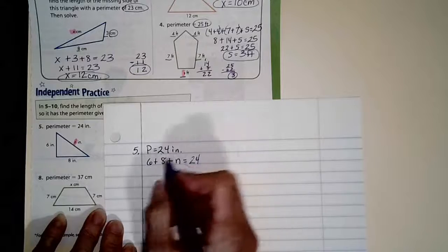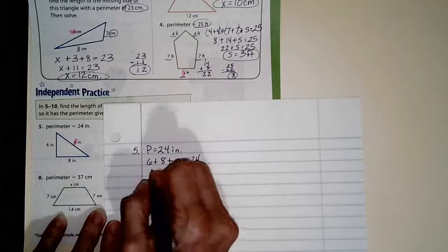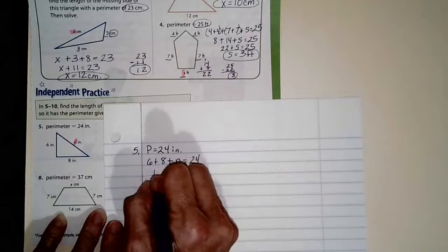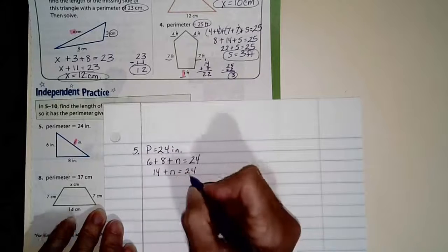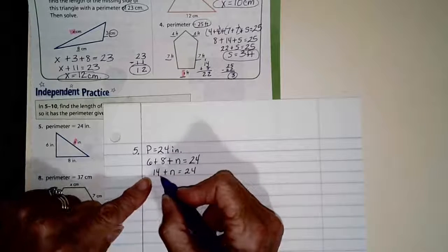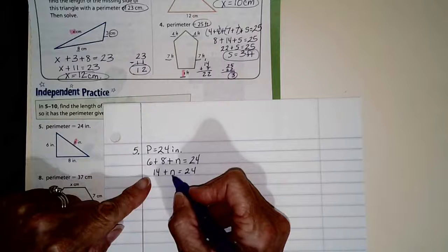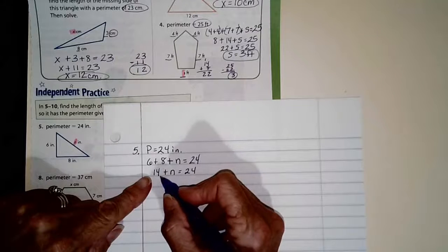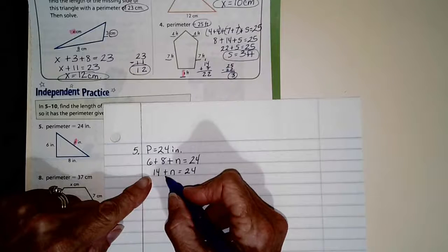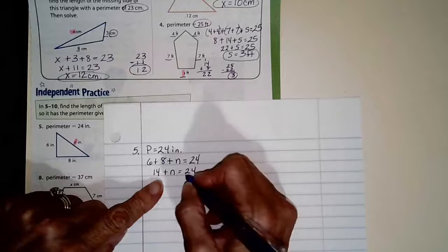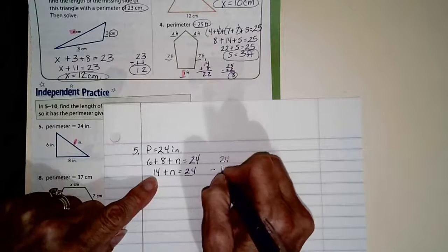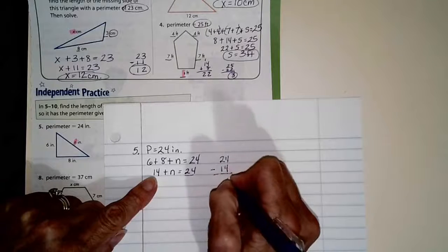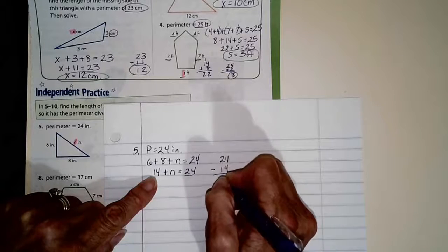All right, so 6 plus 8 is, that's right, 14. Plus N equals 24. Now remember, when I've got 14 plus N, I'm solving for N, so I can do the inverse operation of addition, which is subtraction, and I would say 24 minus 14. 4 minus 4 is 0. 2 minus 1 is 1.